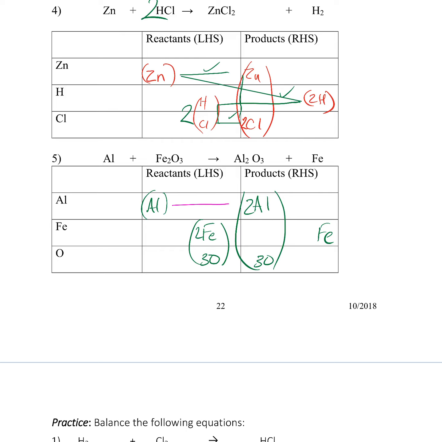Aluminum is not matched, so we need 2 of those. Oxygens are matched, correct. Iron, not matched, but we can add a 2 here on the right, and we fixed it. So 2 and 2. Done. We can move back to the beginning, follow our train back at the beginning. Aluminum and aluminum's all matched.